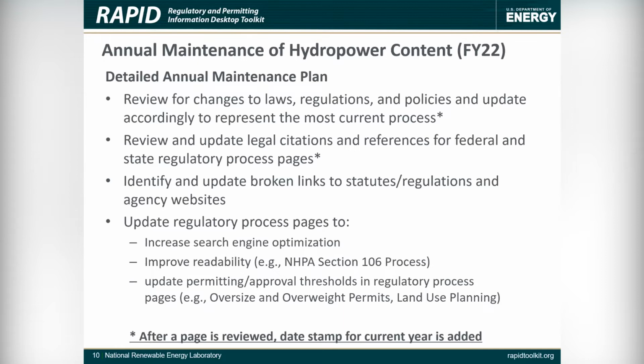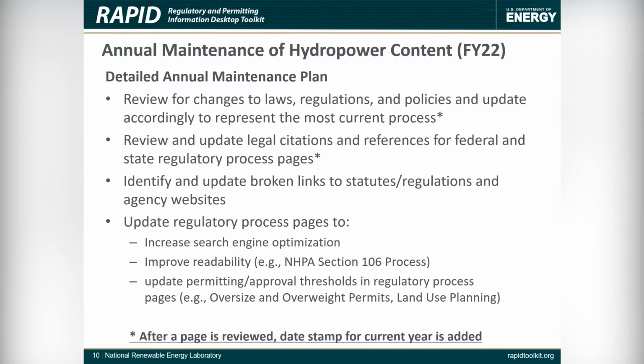We review for changes to laws, regulations, and policies, and we update them accordingly with the most current process. We also look to review and update legal citations and references for federal and state regulatory process pages, and identify and update broken links.